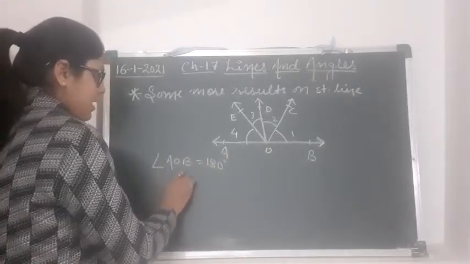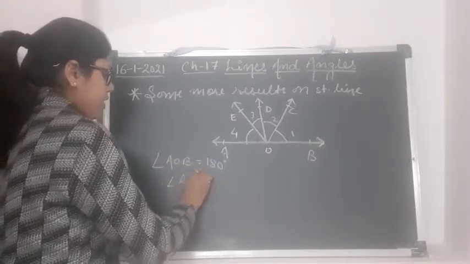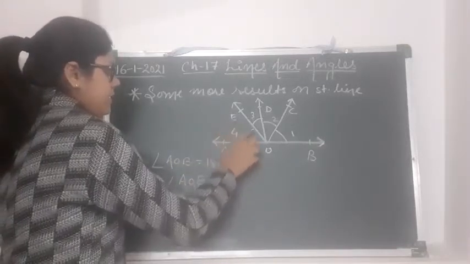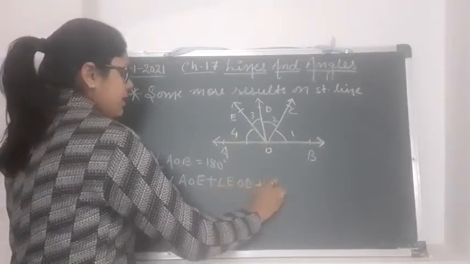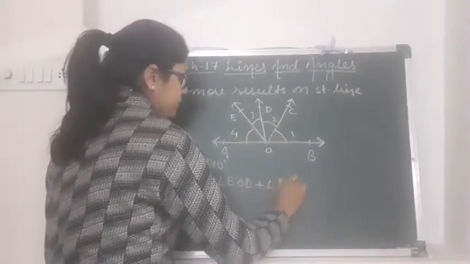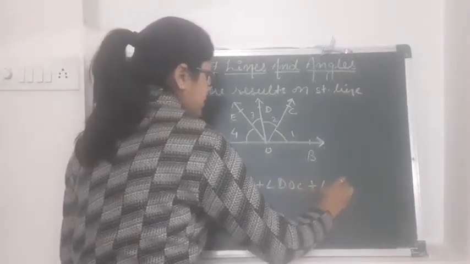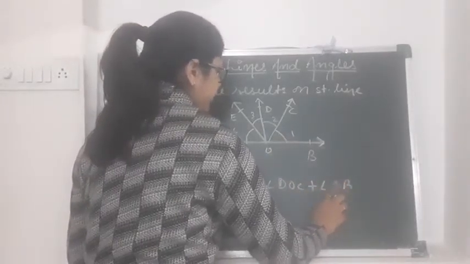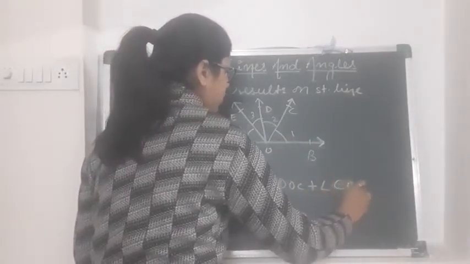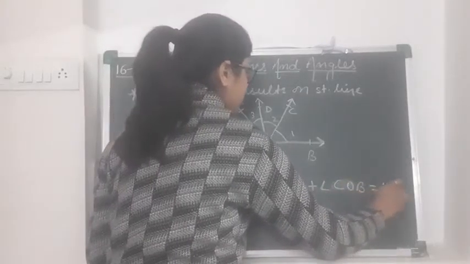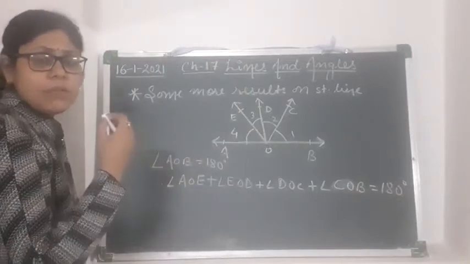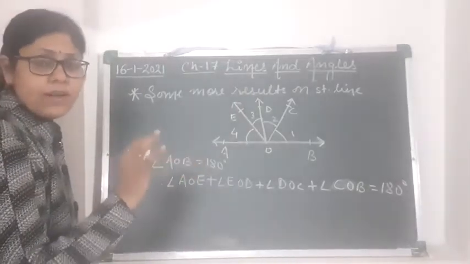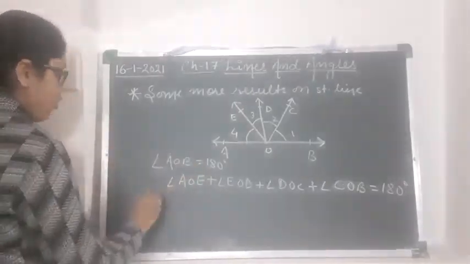Therefore, angle AOE plus angle EOD plus angle DOC plus angle COB will always be equal to 180 degrees. It can be 7 angles, it can be 8 angles. If it's on a straight line, the sum will always be equal to 180 degrees.